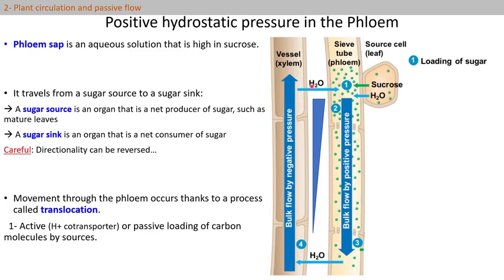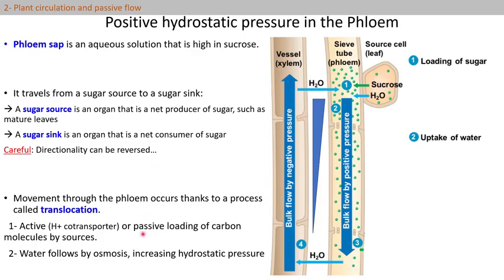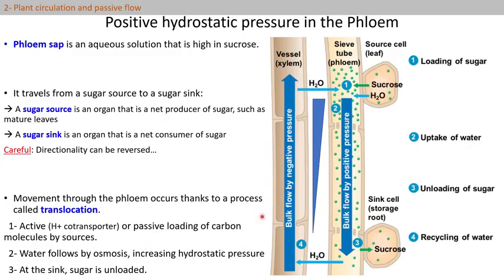If you do that by osmosis, you will bring more water in the phloem at the level of the source cell. If you have more water, the pressure increases, and therefore you generate a gradient of pressure with high pressure around the source cell. That's what is written here. Water follows the sugar by osmosis, increasing hydrostatic pressure. And if you think about it, at the sink level, at the level of cells who take sugar from the phloem and within the tissue, you have the opposite.